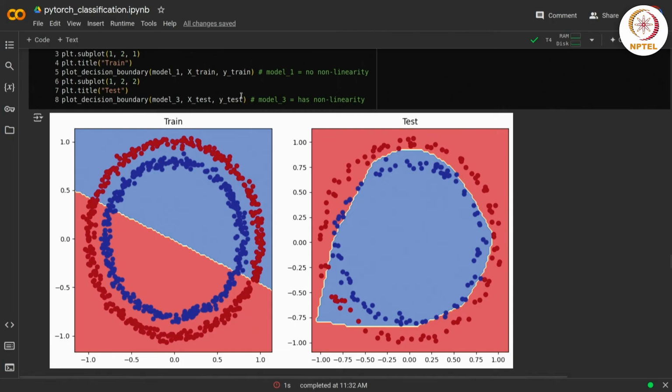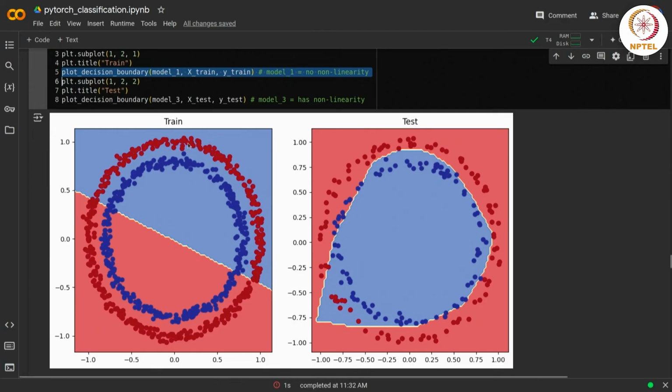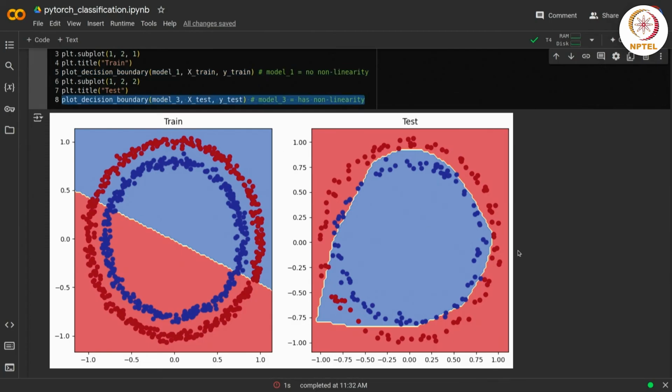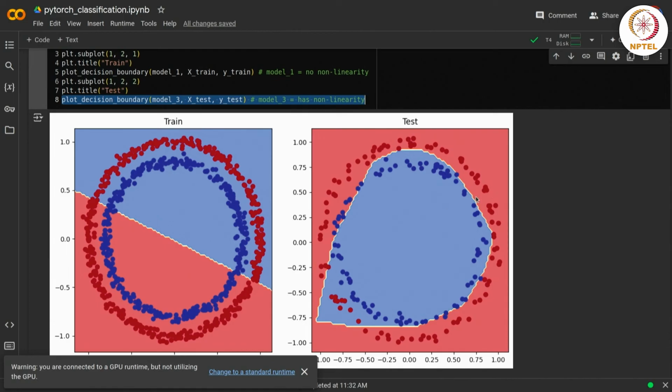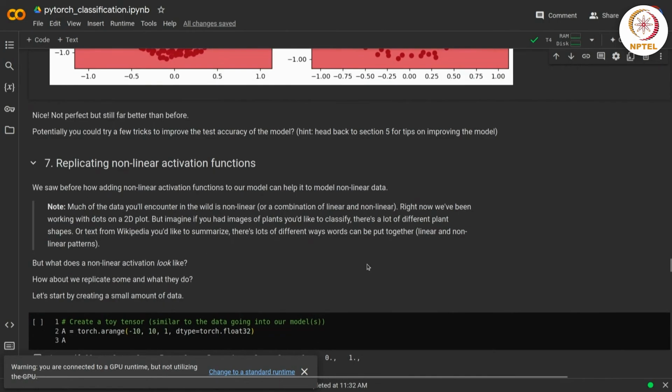What we are plotting here is model 1's prediction over the train set, and on the right side you have model 3 and its test set. What you can clearly see as the difference between model 1 and model 3 is that it is learning a nonlinear decision boundary, and it's doing a much better job at distinguishing the two classes, red versus blue.